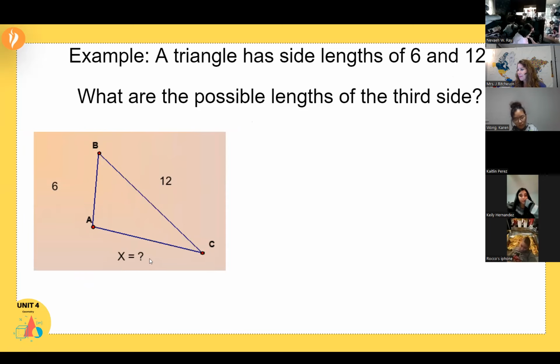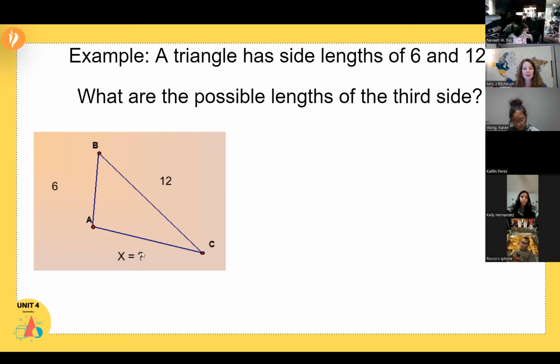Someone said 10. 10 would work, but that wouldn't have to be the smallest number. Someone said 8. What if this was 8? Would that work? That would work. Is that the smallest number? Yep, Jeremy and Karen both said 7. Yep, Luke said 7.